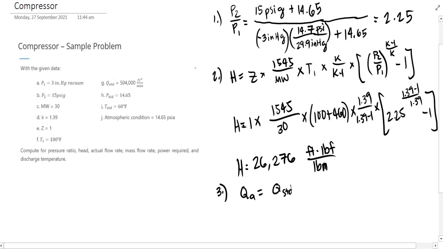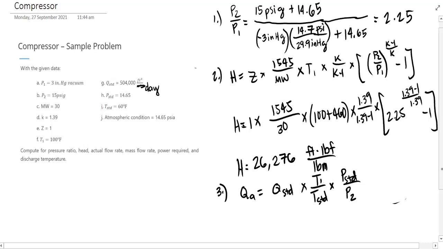So, standard flow rate multiplied by T1 over T standard times P standard all over P2. Ayan. So, may nakalimutan akong ilagay. Hindi pala to per minute. So, this is per day. Per day yan.